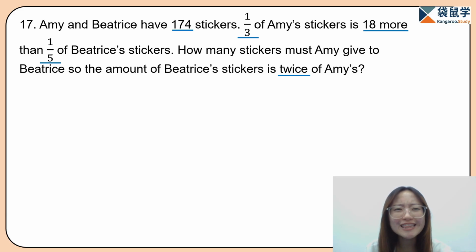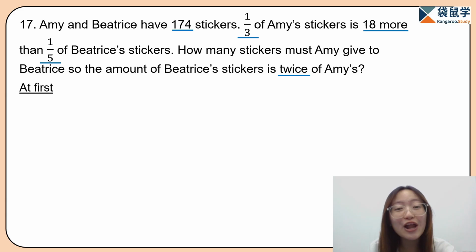So in this question, what do you think we should draw to visualize? We can draw models. So let's take a look. We are given the sum of their stickers and the difference between one part of Amy's and one part of Beatrice's stickers. So let's draw the model for this first, for the one part. At first, let's start with one part of Amy's.